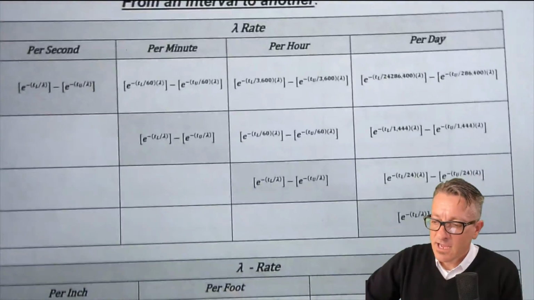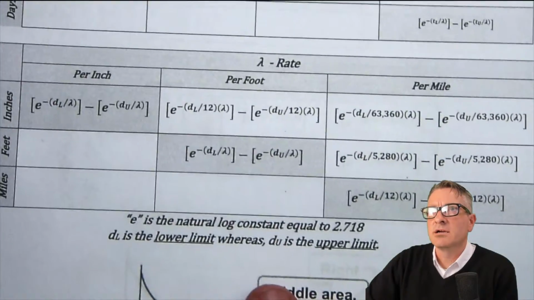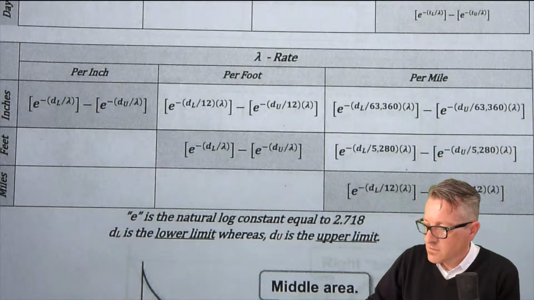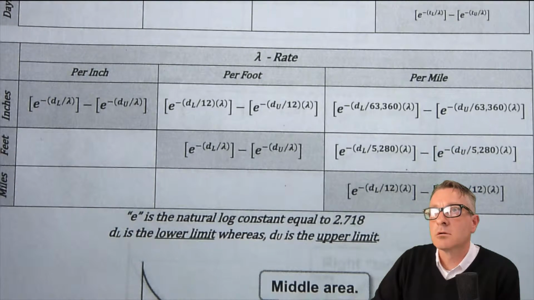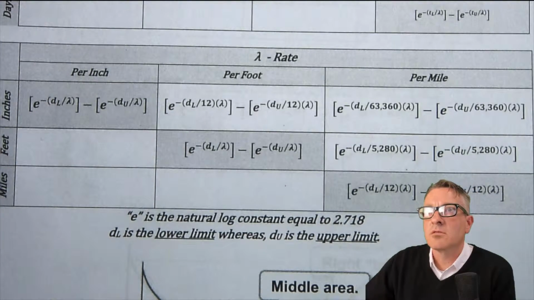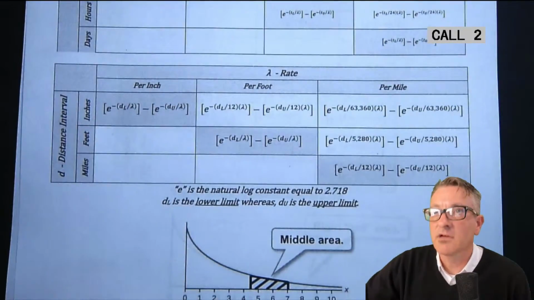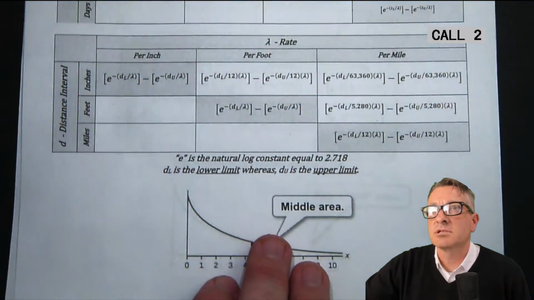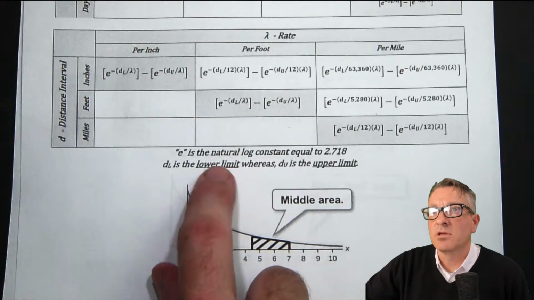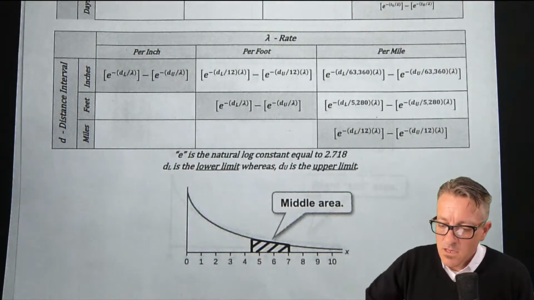And that's all that you do there. I had to go really small to fit it on this page. And then this one, didn't have to go as small. And this explains the lower limit, upper limit, and then kind of shows the picture.